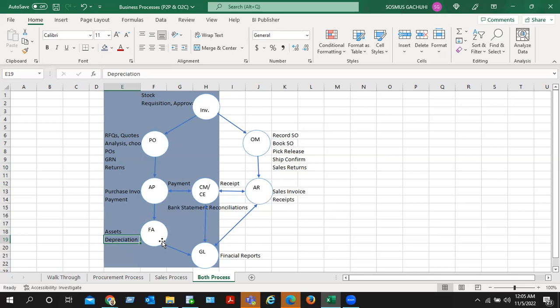Then all this information has to be communicated to the general ledger module or application. Technically, we refer to an application as a module. So the information has to flow all the way to general ledger. So this is for P2P.